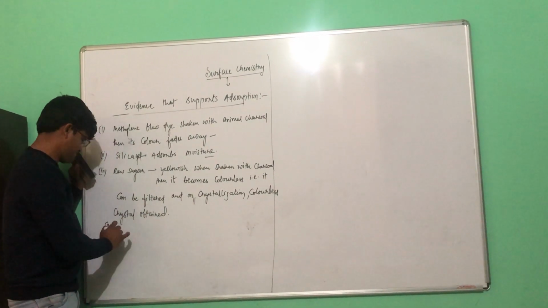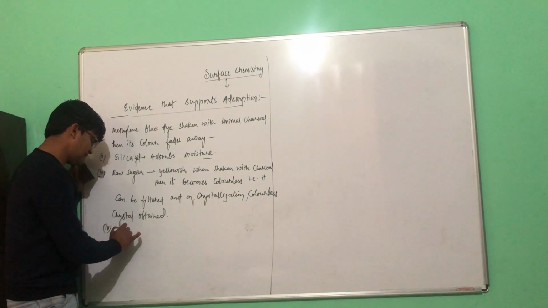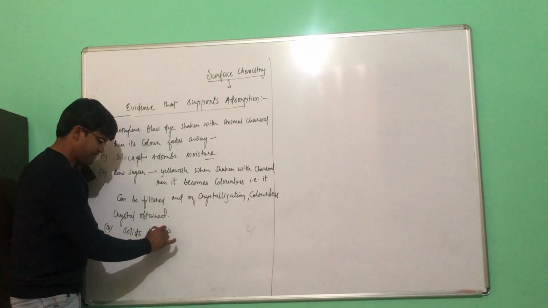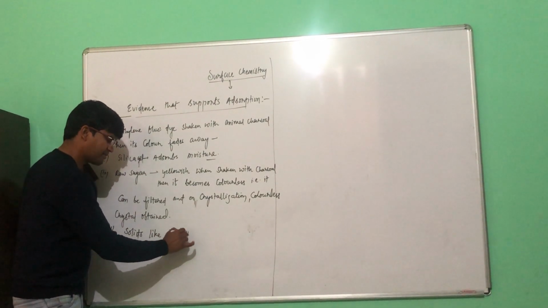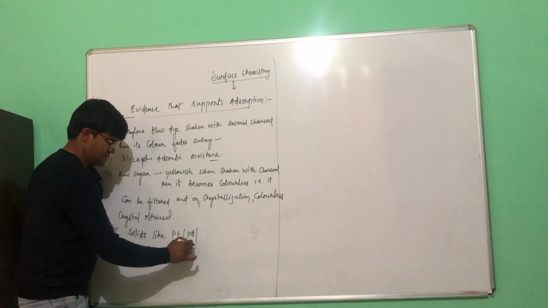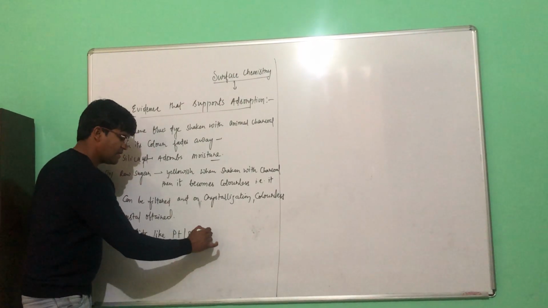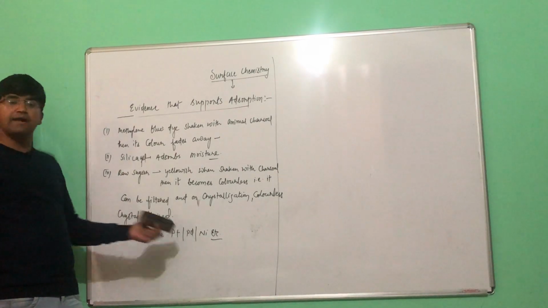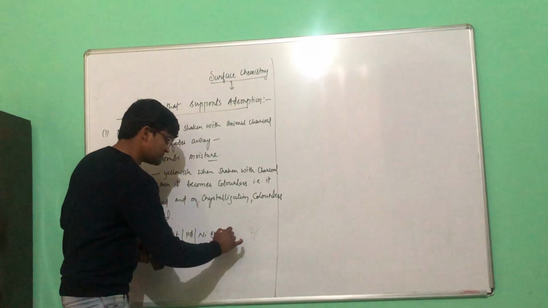Now solids like platinum, palladium, nickel, etc. are used in the hydrogenation process with hydrogen gas.